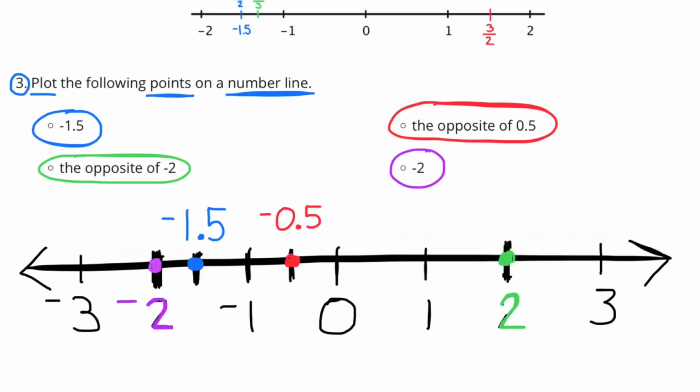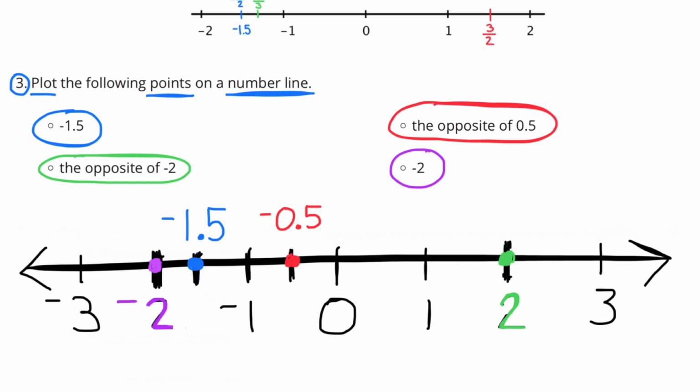Number 3. Plot the following points on a number line. -1 and 5/10. In blue, you can see -1 and 5/10 to the left of 0, halfway between -1 and -2. The opposite of -2. Well, the opposite of -2 is +2.